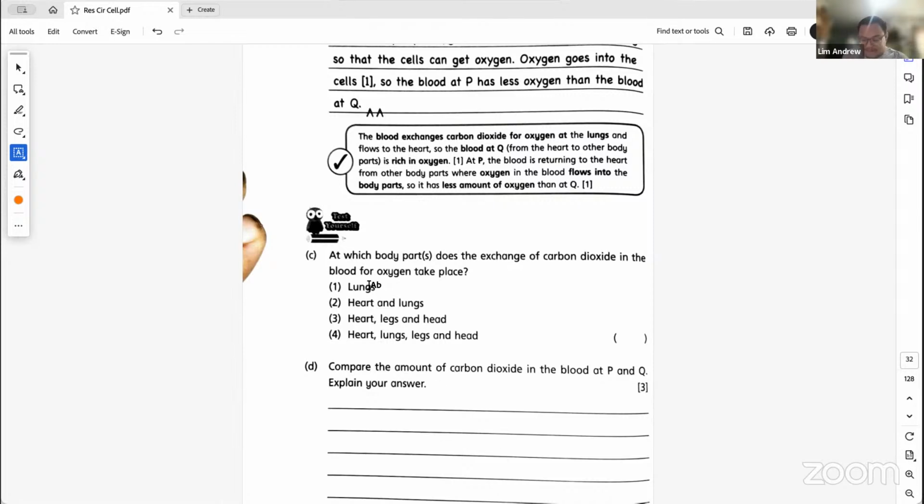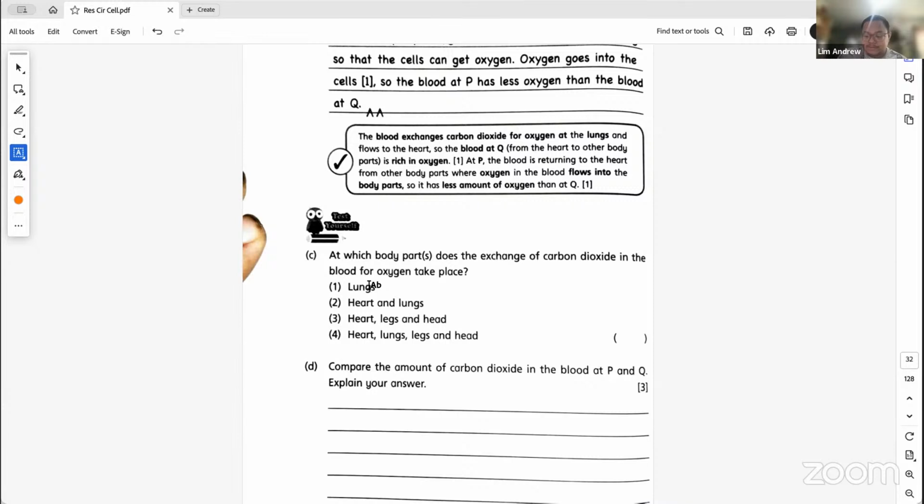Why do I say so? Because at the lungs, carbon dioxide in the blood will move into the air sac, while the oxygen in the air sac will move into the blood. When you breathe out, we breathe out more carbon dioxide, so carbon dioxide is removed from our body through our lungs.